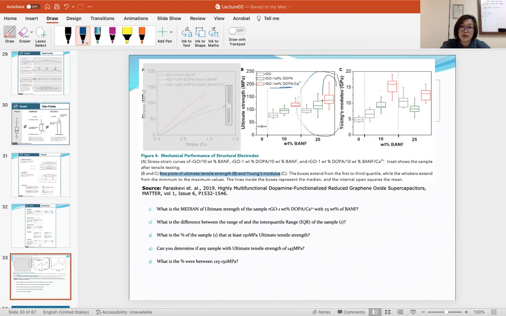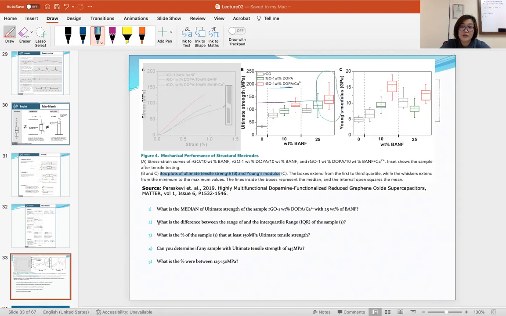So I'm looking for the red color. This is the sample that I'm looking at. The question asked is ultimate strength, so we are looking at B because C is the Young's modulus. Okay, is that clear? Since we are looking at the red color on this part, what is the median? Then you look at the y-axis, it's about 1 to 5.